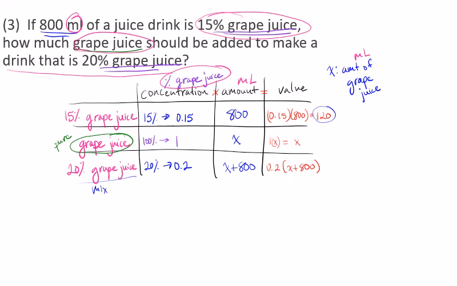Remember that if we add the components, we get the mixture, right? So 120 plus X equals 0.2 times the quantity of X plus 800. All right, so I'll pause there and go straight to the solution, because I think y'all are good at getting the solution from there.